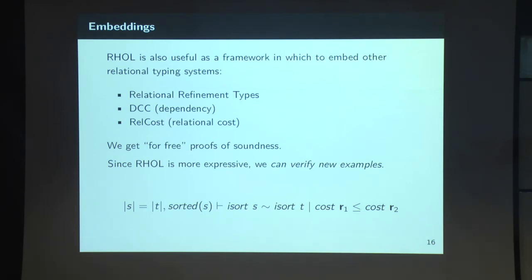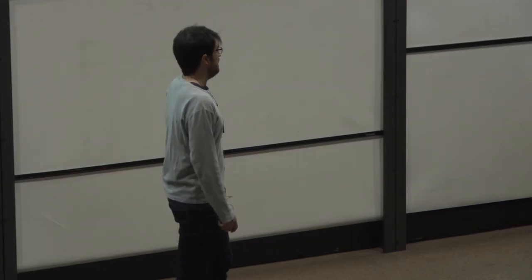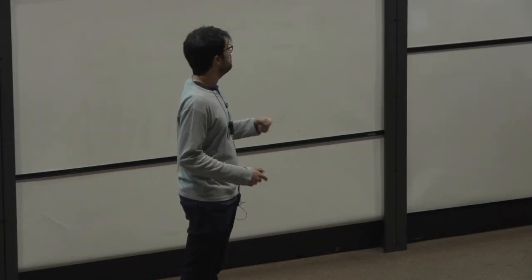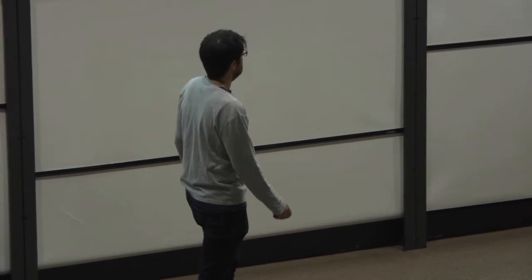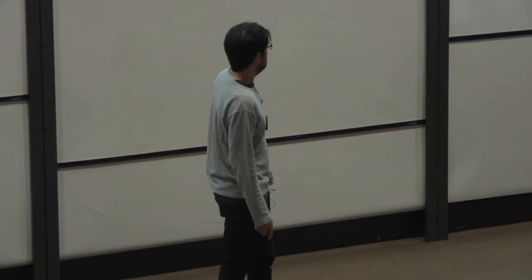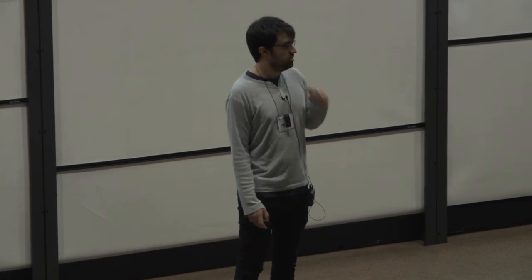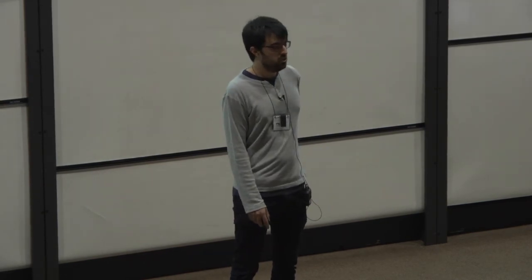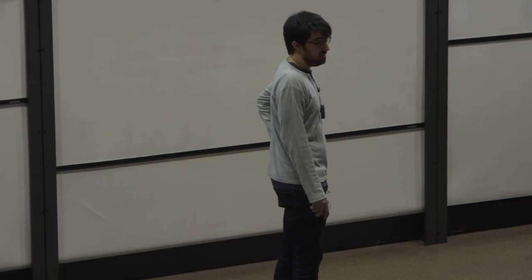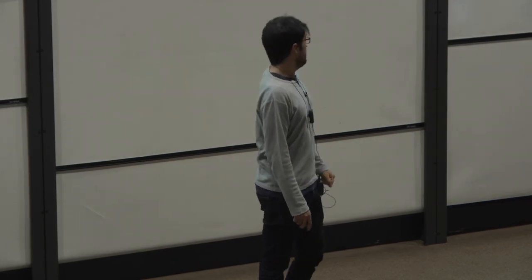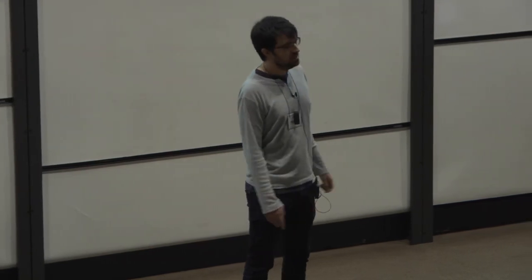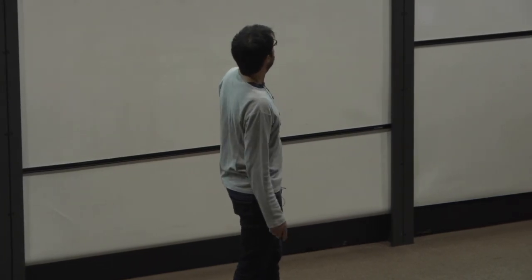And this cannot be proven in RHOL cost because, again, they cannot prove functional properties, just cost properties. And yeah, so one of our co-authors, Marco Gaboardi, is going to give a keynote in FSCD on Thursday. And if you're interested in this, he's probably going to speak in more detail.